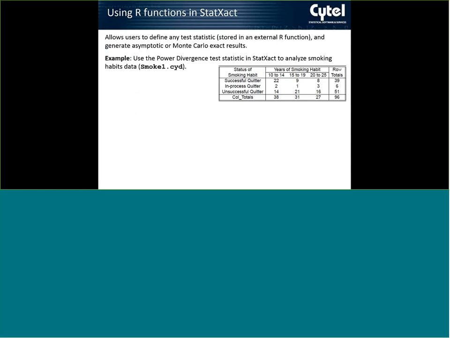So here's some smoking data that are provided with the installation in the data file folder in the StatXact install. But the question here is how your smoking status is associated with the years that you've had the habit. The power divergence test statistic is something that's not included in StatXact, but can be programmed in R and read from an external file. So from the menu, you would just need to go under non-parametrics, user-defined tests using R.